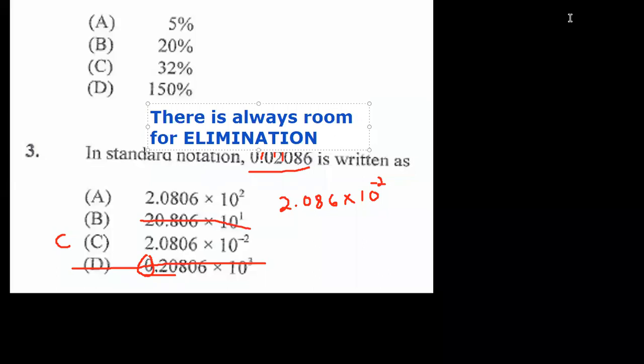So the answer here is going to be not A and not... So B is clearly eliminated because of the 20, and D for sure, because standard notation cannot have a 0 in front here. It must be a non-zero digit on the left-hand side of the decimal point.